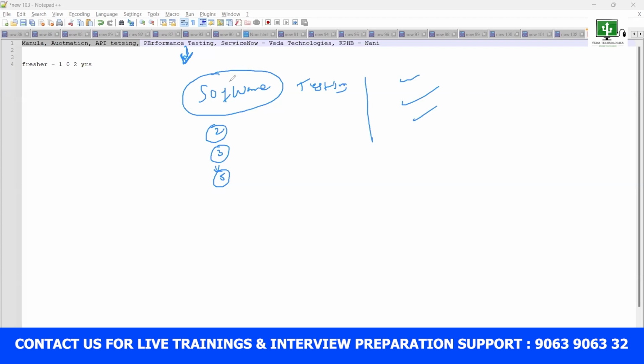Just focus on this. So what is software? What is testing? Tell me. Anyone? Software is a set of instructions to do some job or task.